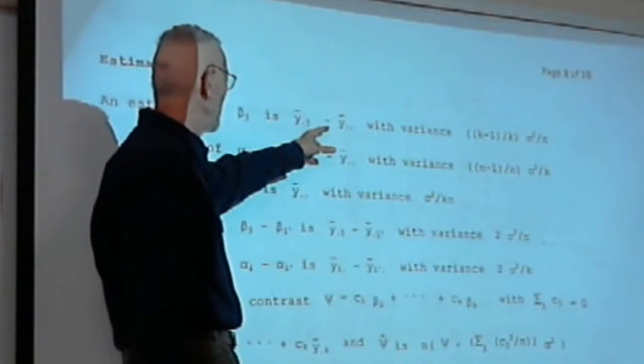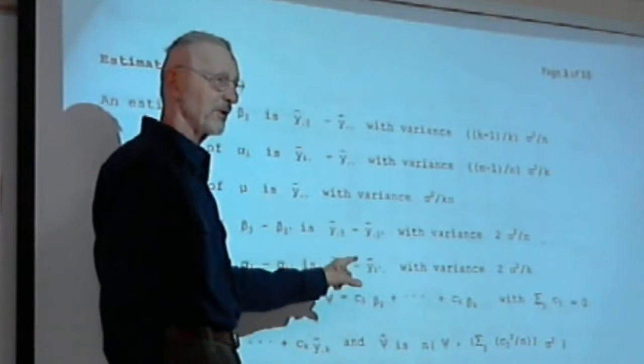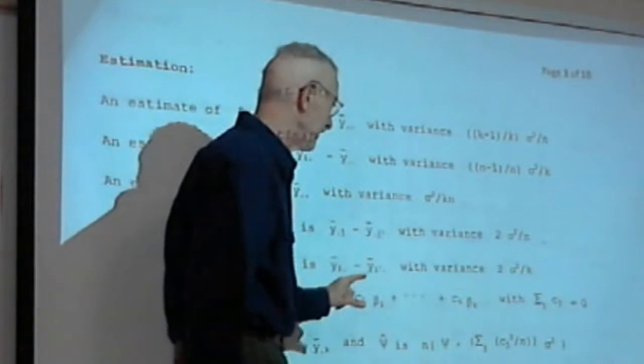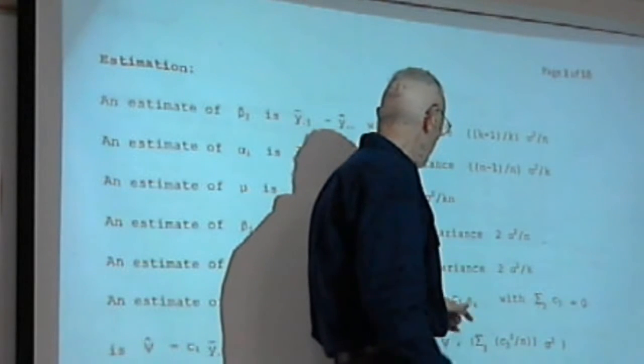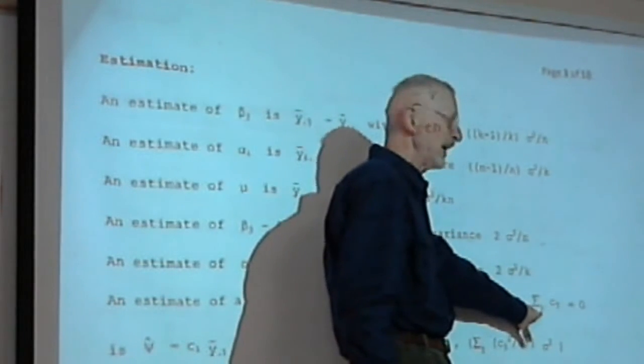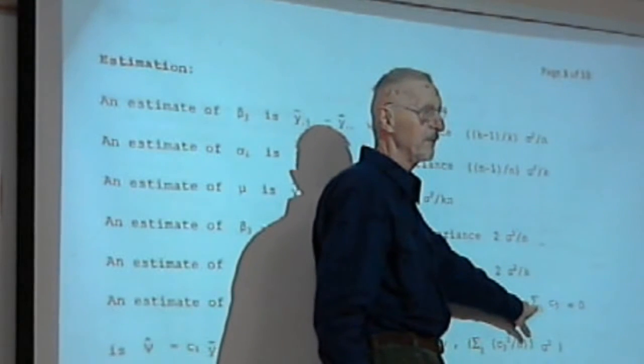Now, you see I'm going to have a minus y bar double dot in every one of those terms. But that's okay because I can factor that out of the sum and then use the fact that the sum of the C's is equal to 0 to say that drops out.